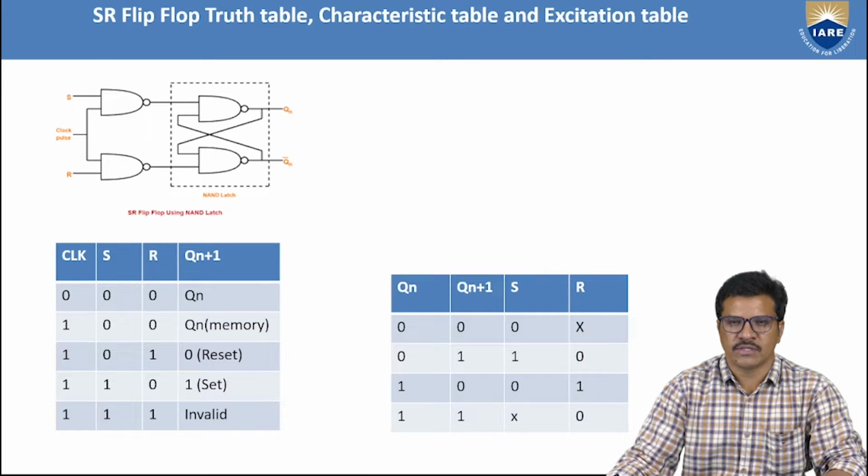So what are those tables? Basically there are the truth table, the characteristic table and the excitation table.